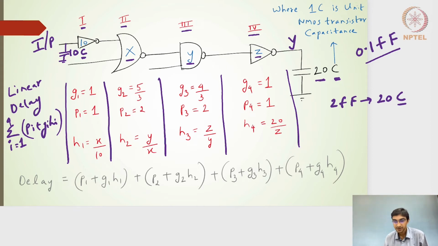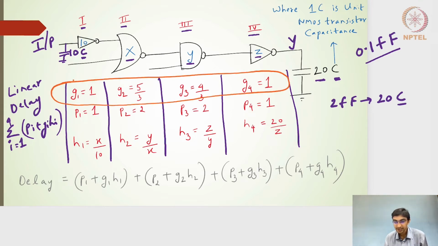For an inverter, the logical effort is 1, so I have written it as 1. For a 2-input NOR gate, the logical effort is 5/3. For a 2-input NAND gate, the logical effort is 4/3. For an inverter again, it is 1. This is something we had seen earlier.